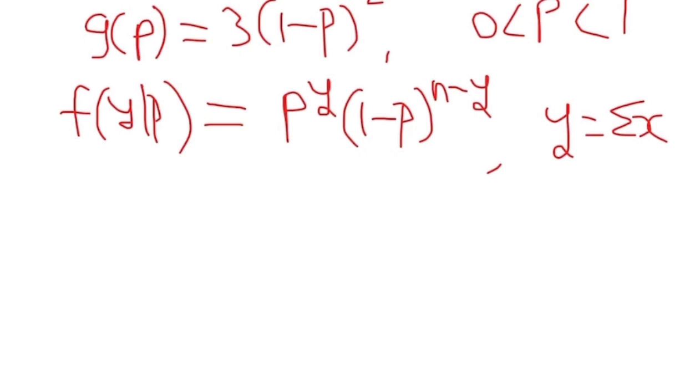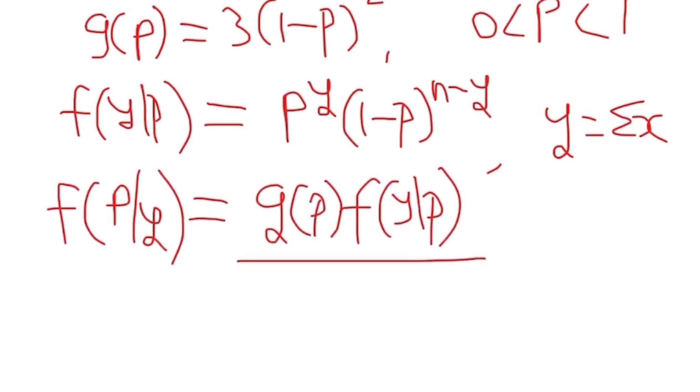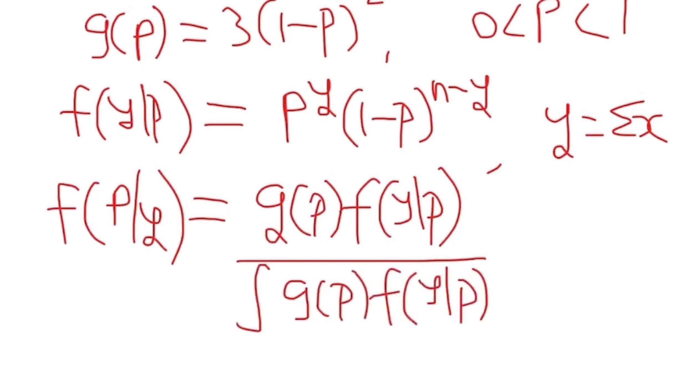So my posterior is going to be f of p given y. You're combining g of p with f of y given p, then divided by the total, because f of p given y is a probability. The total is going to be this same product, and I'm going to integrate that with respect to p.